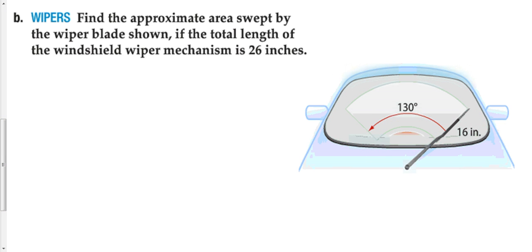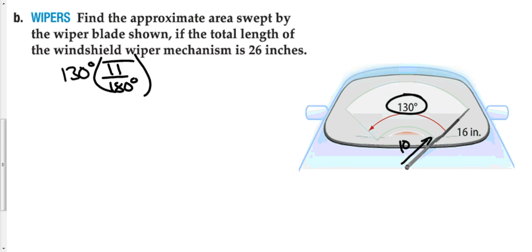All right, and we know that this radius from here to here is 10, because the whole wiper is 26. So now first of all, degrees, very bad. So let's first change 130 degrees into radians.